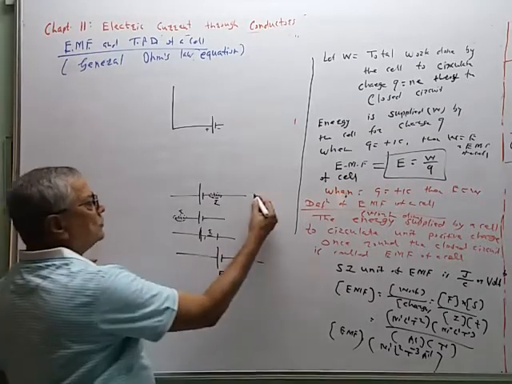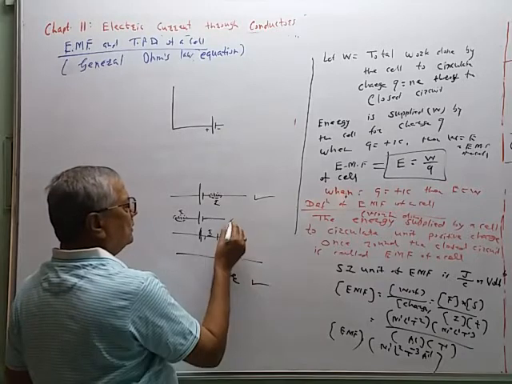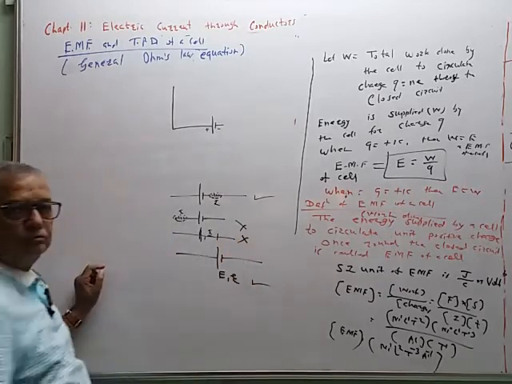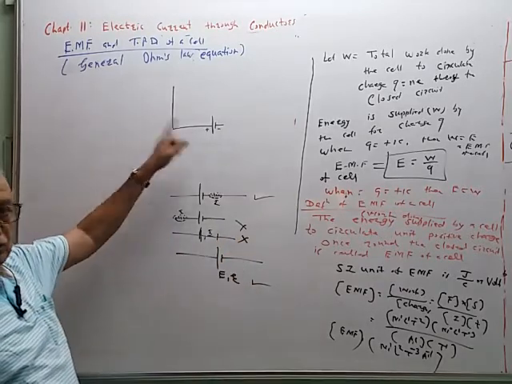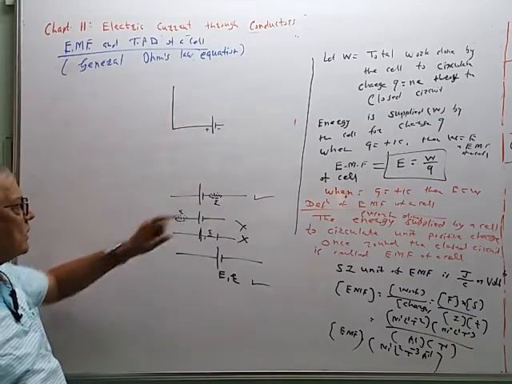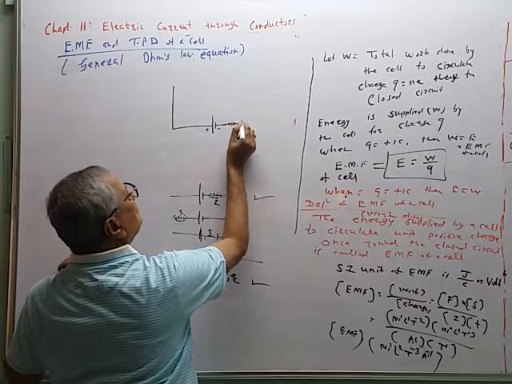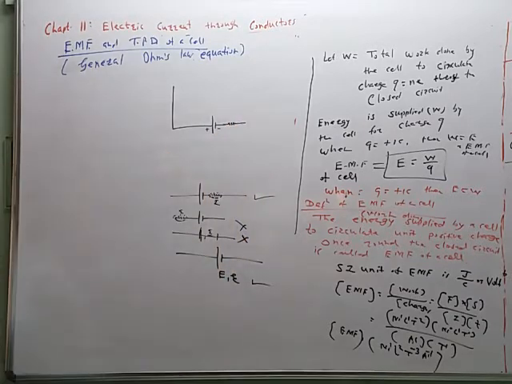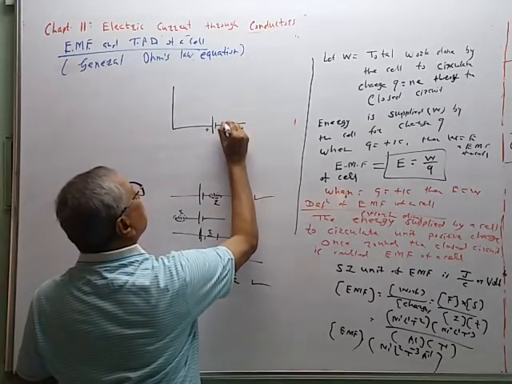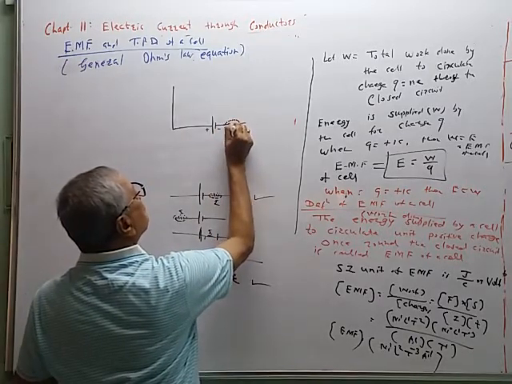So either we will use this method or this method. Generally these two methods are not used. So in our notes, in our books, we are using this type of symbol. So this is the internal resistance. It may be circled by a dotted line or may not be. So this is the internal resistance, therefore I can show it like this.